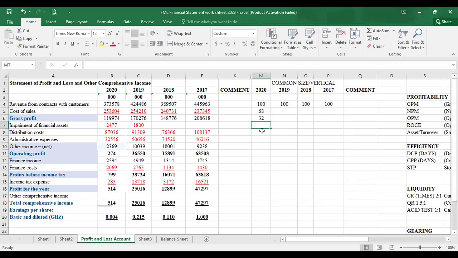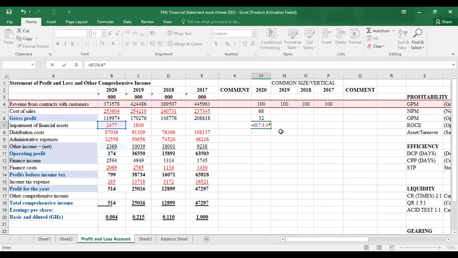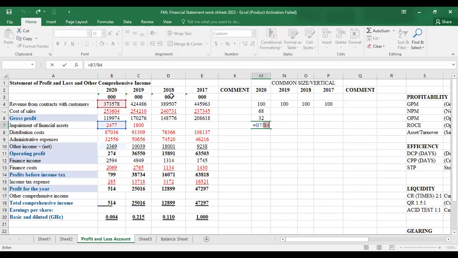For the impairment of financial assets too, we will pick the value for 2020, divide it by the revenue for 2020, and multiply it by 100. So please, what type of analysis are we doing? Vertical, or common size analysis. So we can do that for all the years.